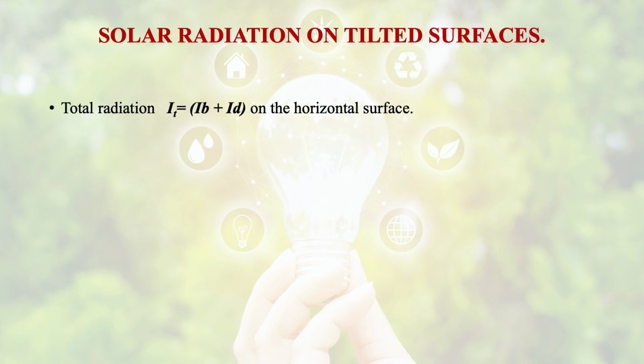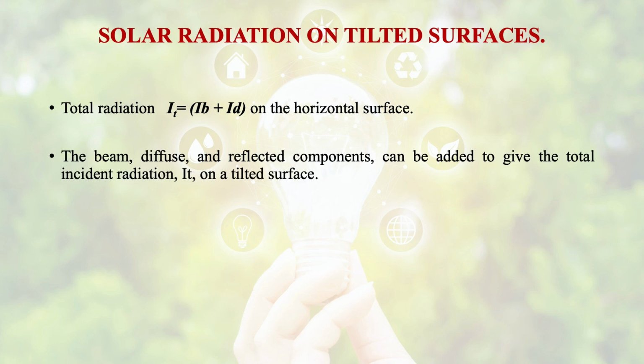And total radiation is the sum of beam radiation plus diffuse radiation on the horizontal surface. So the beam radiation, diffuse radiation and reflected components can be added to give the total incident radiation, that is IT, on a tilted surface.